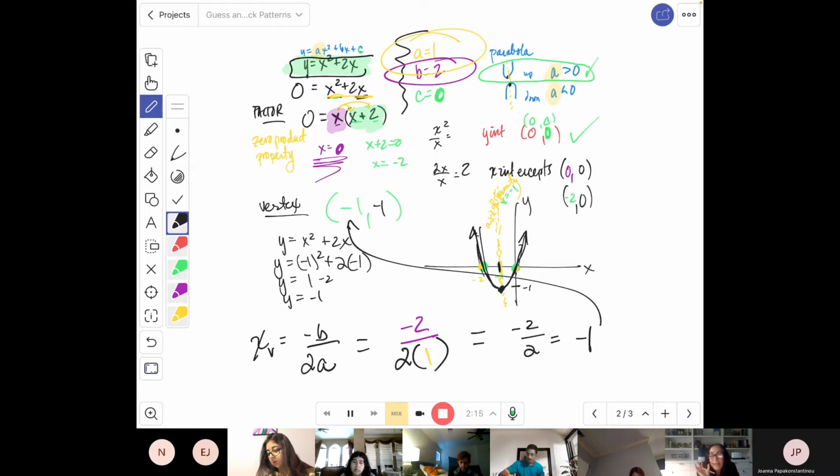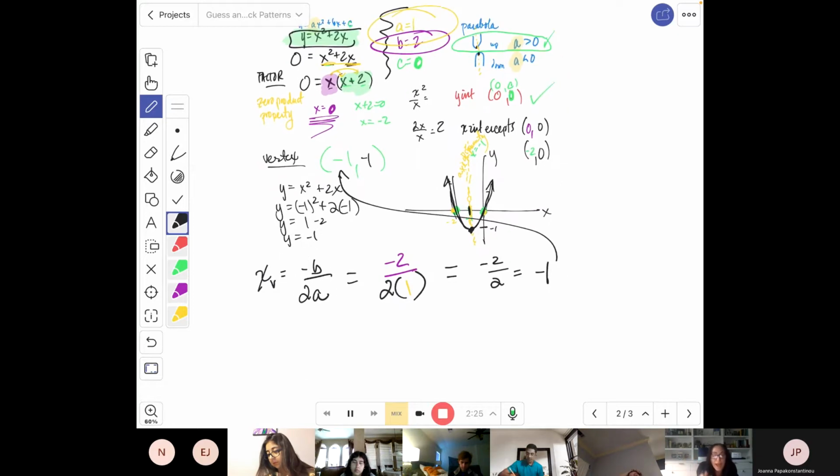So if it's not easy to identify because it's not in between two integer values, or we don't have those two values for some reason, I can find the x value and then exactly like we did before, substitute it back into the equation, and get the corresponding y value.